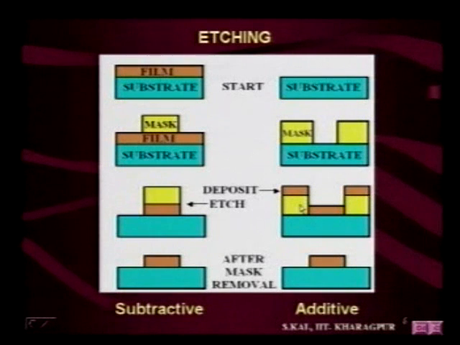The masking layer is to be reacted by the resist removal solution through this path and this path. If I don't allow this path, then the resist film is not dissolved, and then automatically this film will not come out.